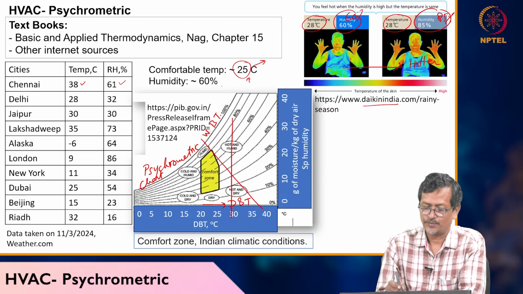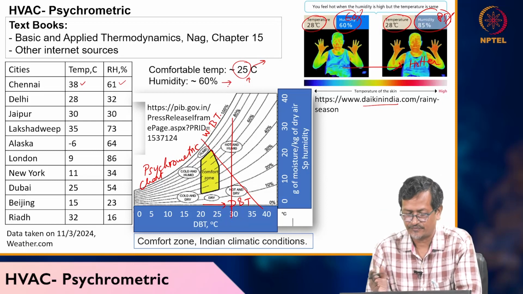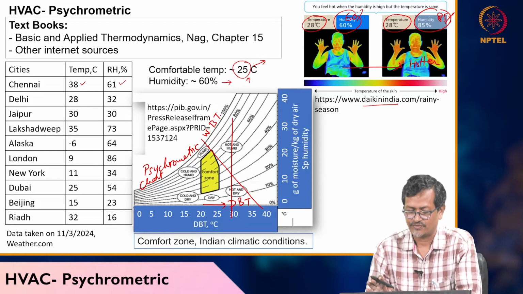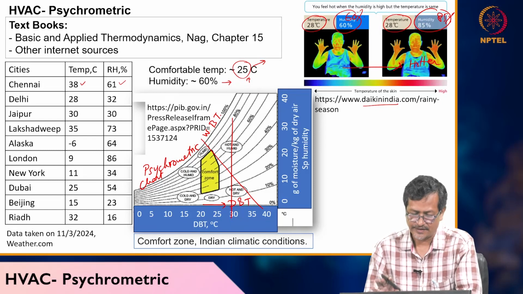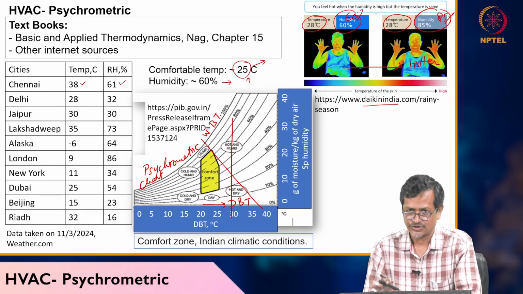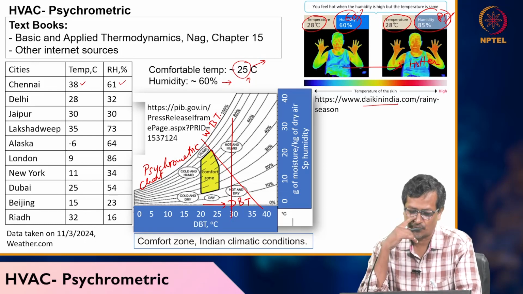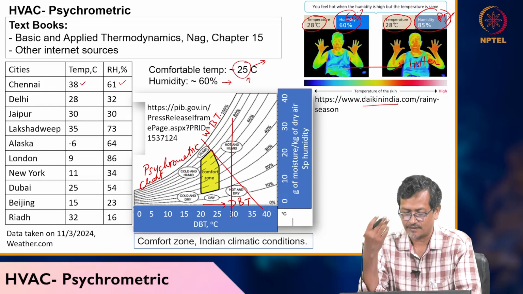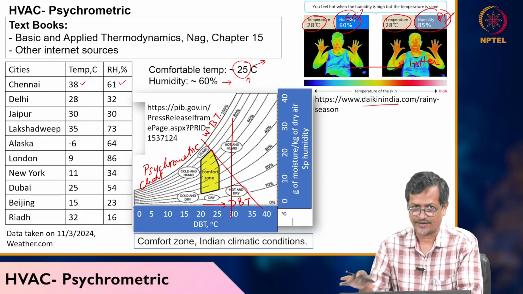And comfortable humidity is normally around 50-60%. For our study purpose, assume comfortable temperature 25 degrees, humidity 60%. Again, this is based on geographic location. If you are from, let's say, Alaska or the North Pole, your comfortable temperature level will be different from people in Chennai or South Africa.